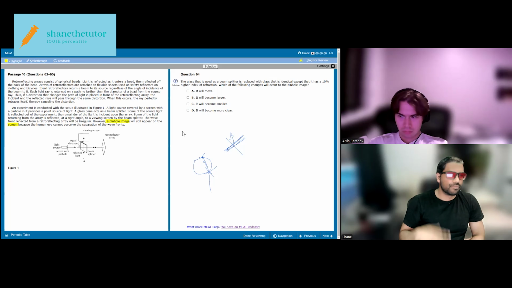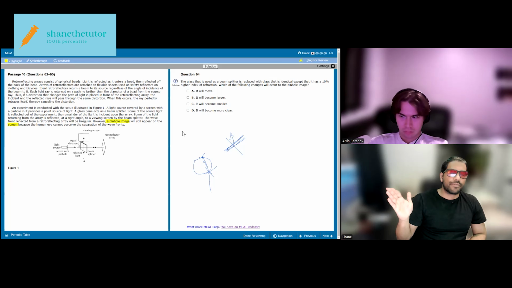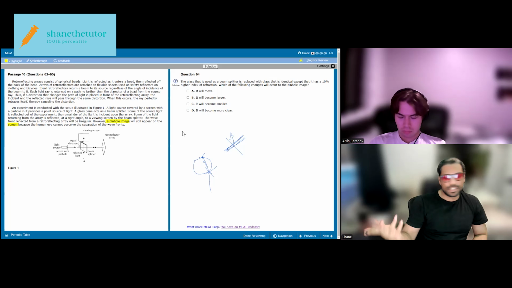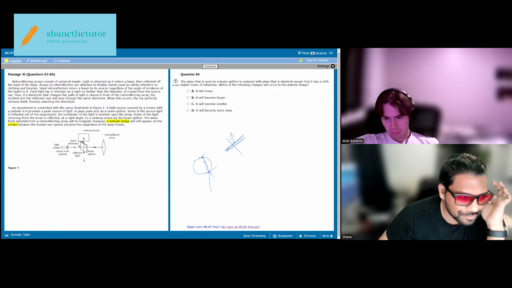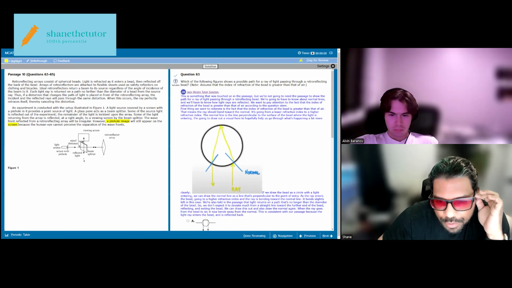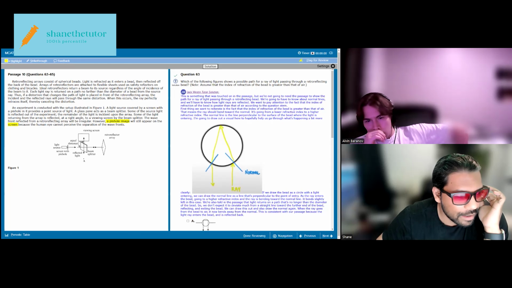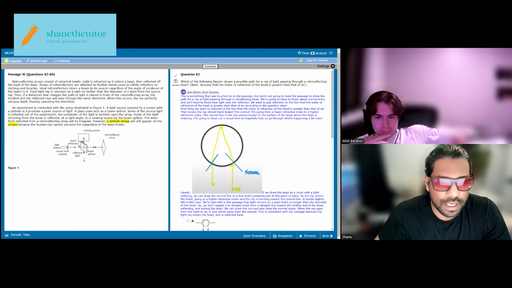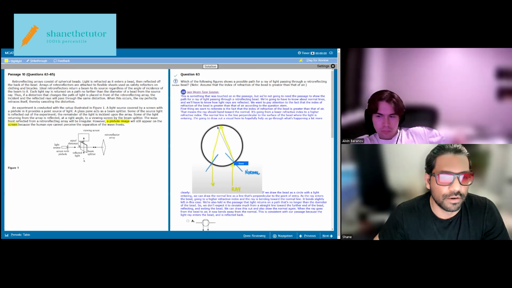So that wouldn't change. The only thing that we're changing is the index of refraction, which means we're changing the angle of refraction of the refracted rays to be closer to the normal. So if you go back to that previous question for a sec, if you had a higher index of refraction, it would be like there, right?